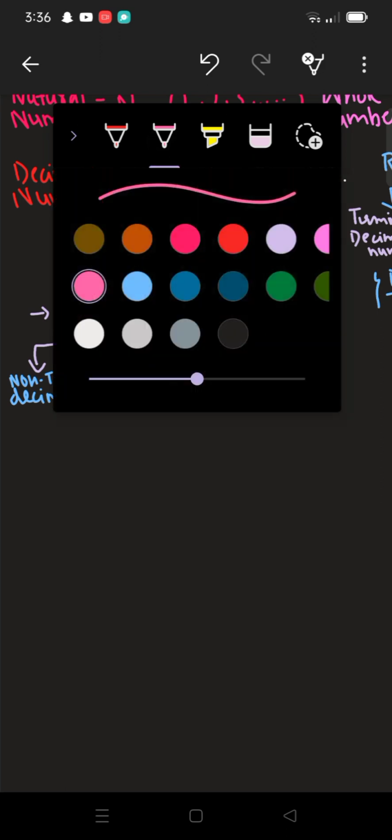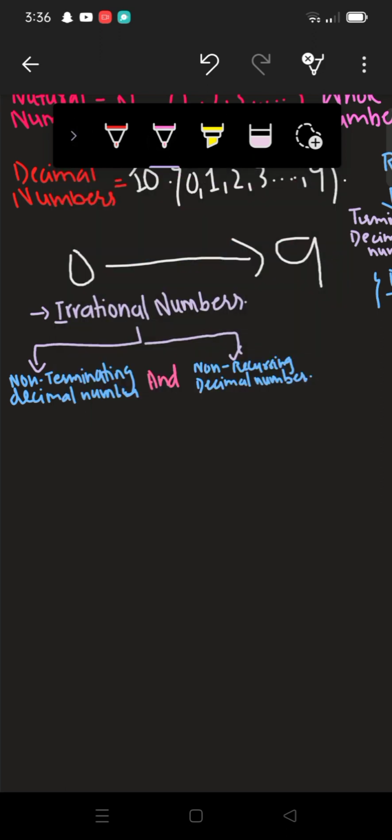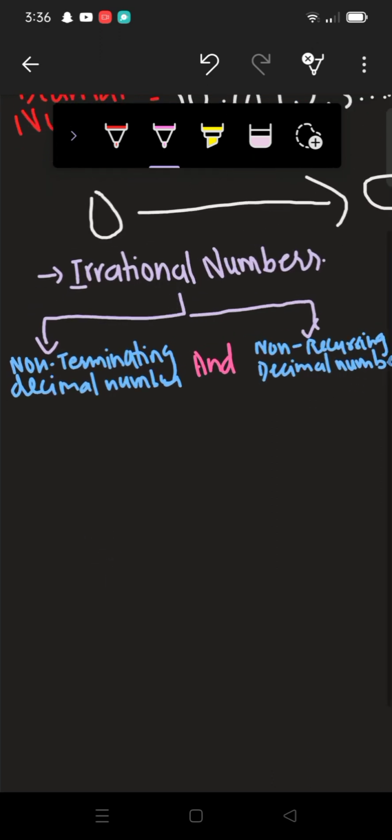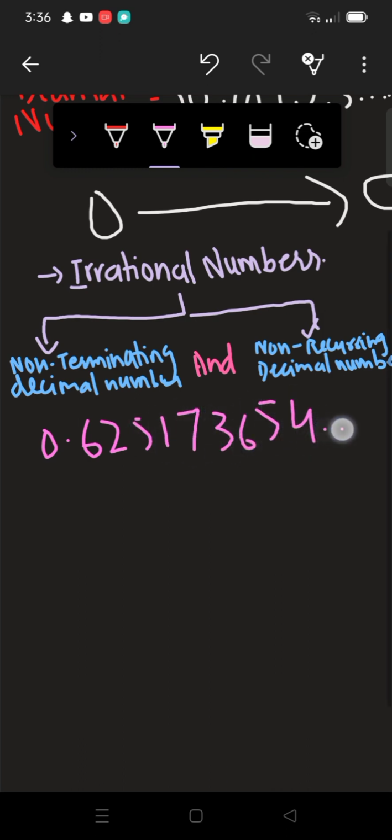For example, wait, let me write an example here. We have 0.62517365 and so on. Now as you can see, this is non-terminating, because it is not ending after the point, it is going on.